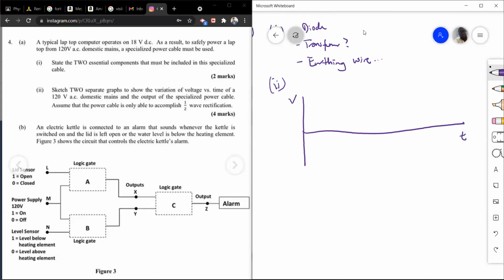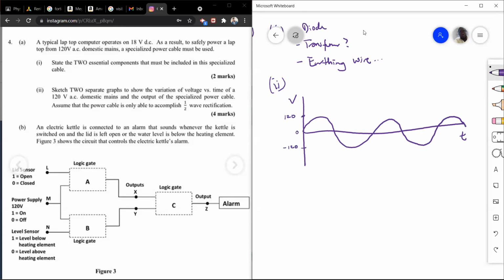Cool, so it's going to be a sine wave, and we want it to peak out at what value? 120. 120, thank you.